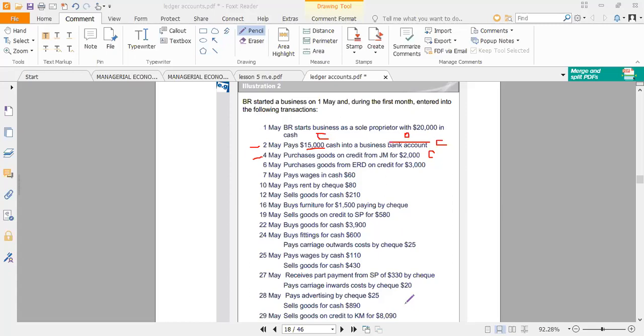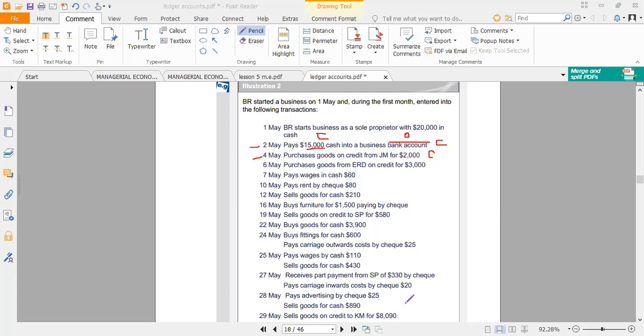So if you went to buy goods worth 100,000 kwacha and you spent transport 1,000 kwacha, your total purchases will be 100 plus 1, so 101 in total. Whenever we are the ones selling goods and we provide transport for free, the cost of transport is called carriage outwards. That one is an expense that we charge ourselves, we lose out.